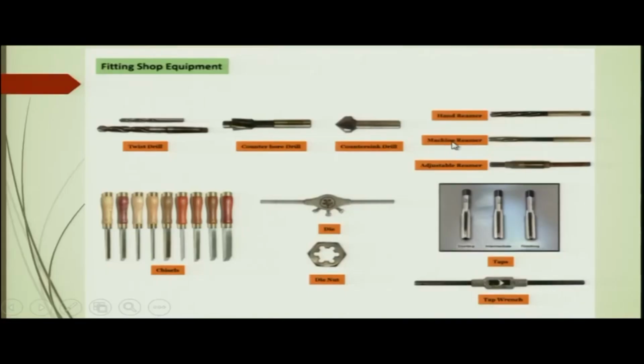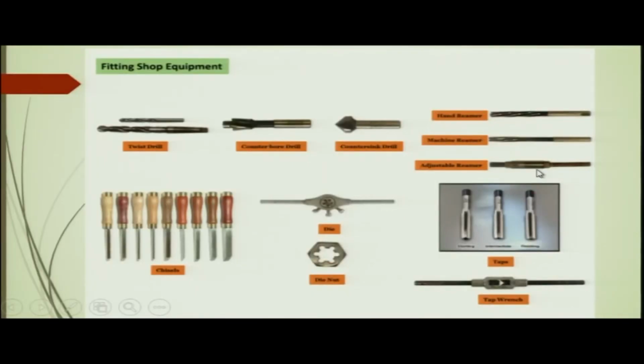Similar to the hand reamer, the machine reamers are used for the reaming process of the hole with the help of a machine, and those machines will be drilling machines. You understand that, because in the drilling machine the spindle rotates where the drill is fitted, and both the rotation and the thrust force are imparted on the drill to drill the hole.